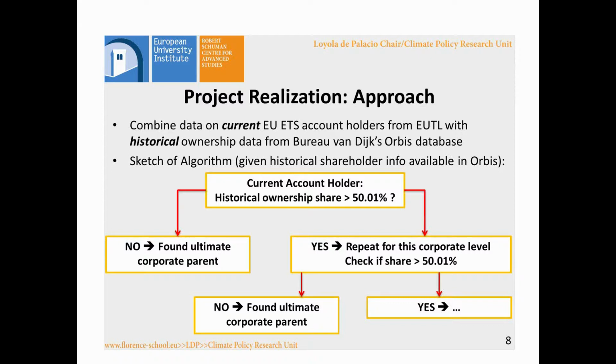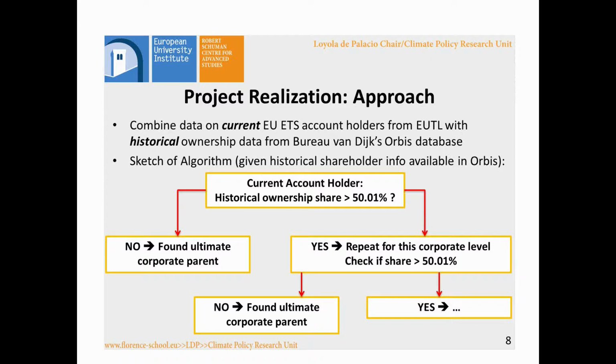So we did that by means of ownership data from Bureau van Dijk's Orbis database. However, we couldn't do it directly because this link is not directly available in Orbis. However, it is possible to construct an algorithm that will give us this information in the end. So I will sketch a rough outline of this algorithm right now.